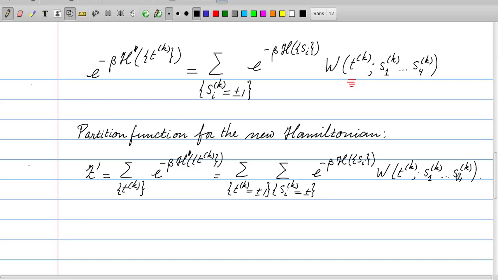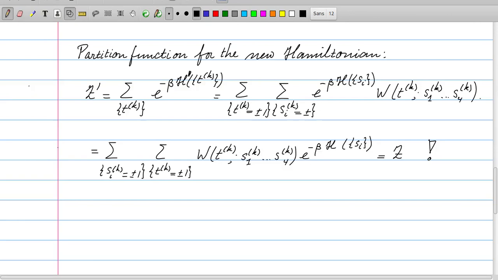Now I have a sum over the tk's and I have a sum over the sk's. And I can swap those two sums. So if I swap the two expressions, I first have a sum over the s and then I have a sum over the tk. I moreover move the w in front of the Boltzmann factor here. And the reason why I did this is that we have already encountered precisely this sum. So this is the only place where there is a tk dependence, so I can work out this sum over tk.